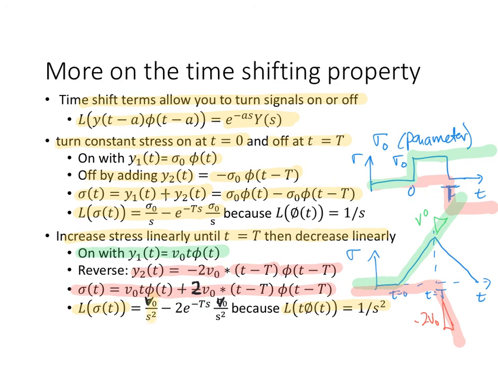The second term converts the minus 2v naught velocity to minus 2e to the negative capital T s times that v naught over s squared because of the equation up here for the pushing function. And notice here how exactly this matches where both the function and the step function are of t minus a, and we see this here.